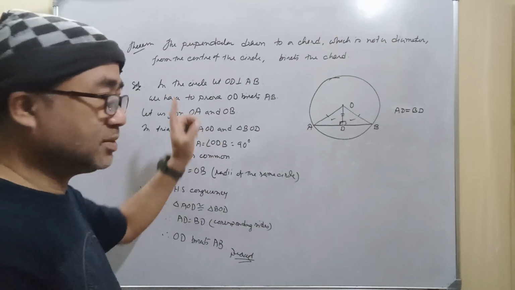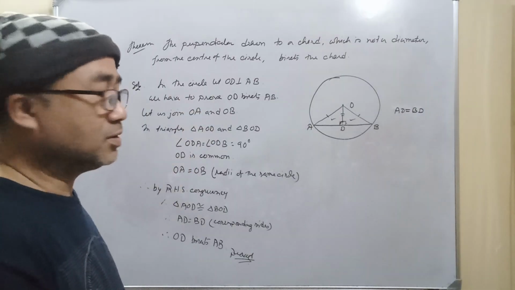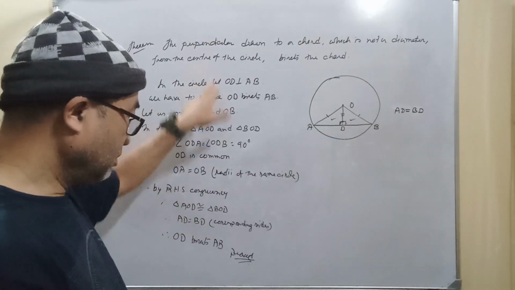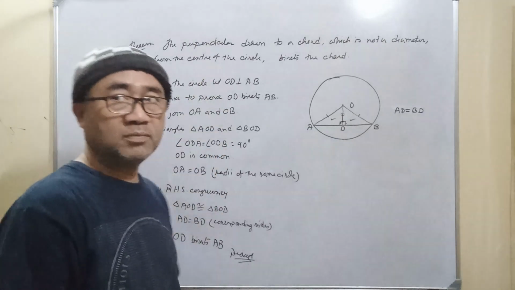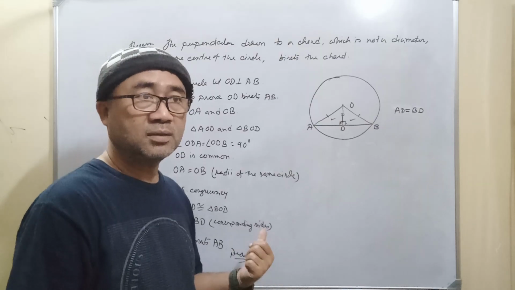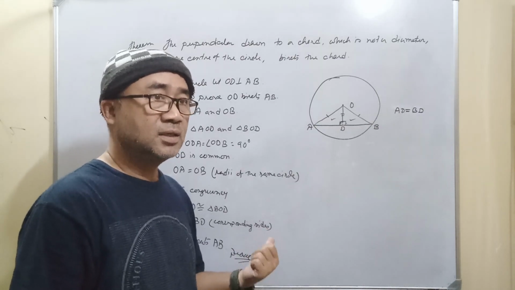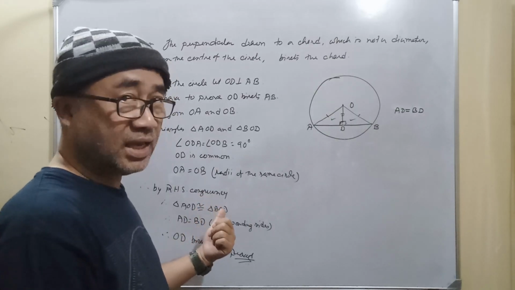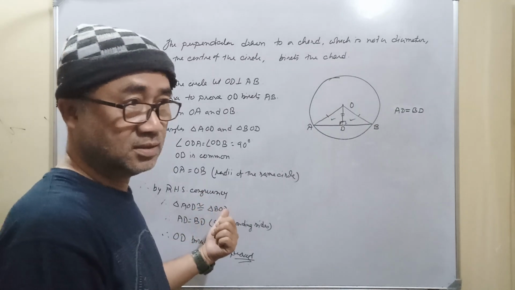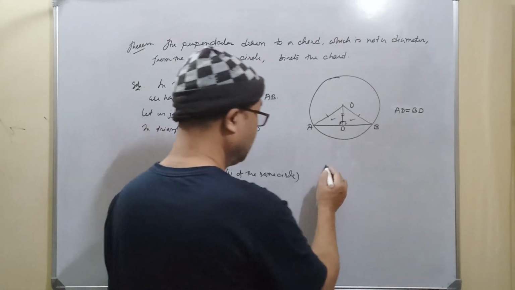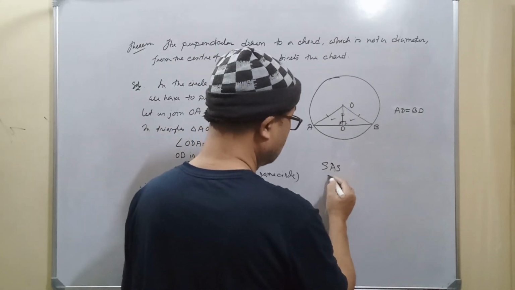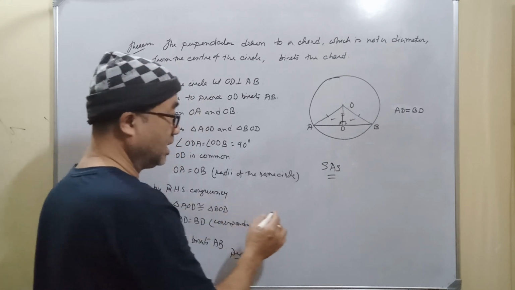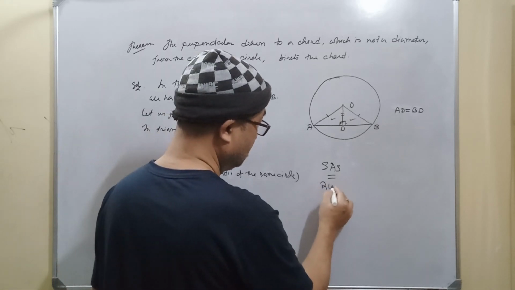So this theorem is important because sometimes in exam you are required to prove the theorem like this. And by the way, in your textbook, I think this theorem is proved through SAS congruency, not RHS. They have used SAS congruency, and I am using RHS congruency.